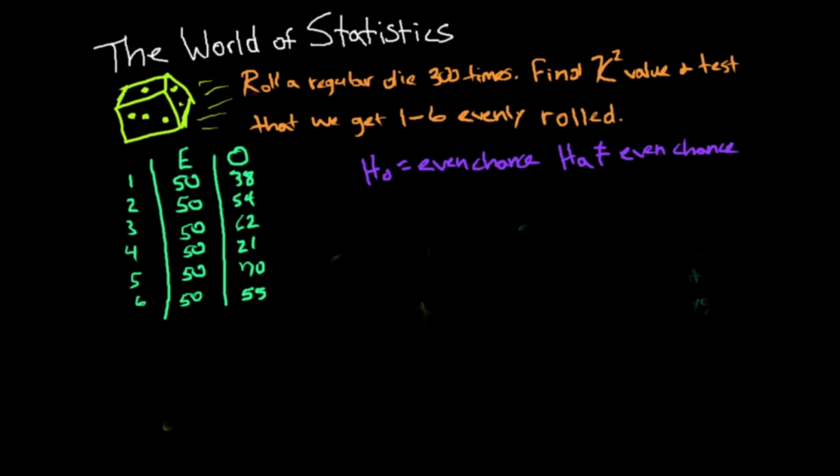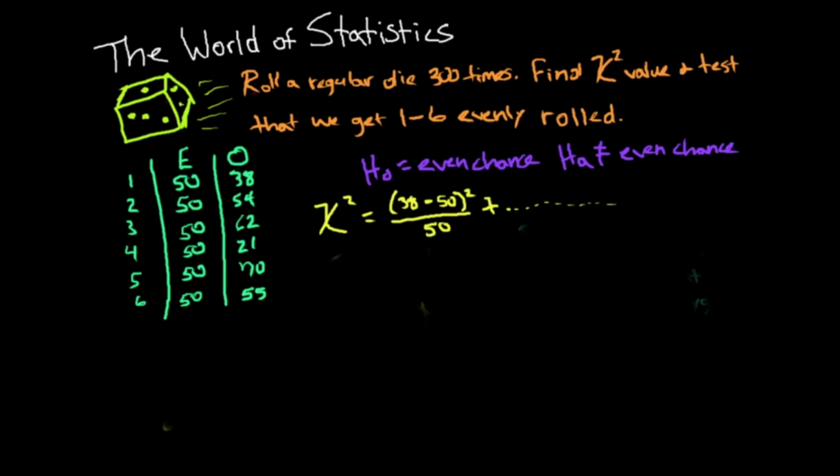So when we calculate our chi-squared value, we use the formula, which says we're going to take our observed, so 38 minus 50 squared, and we're going to divide it by 50, which is our expected value, and we're going to do this for each and every observation.